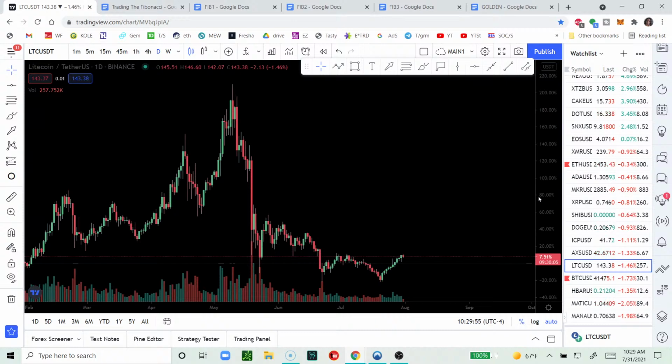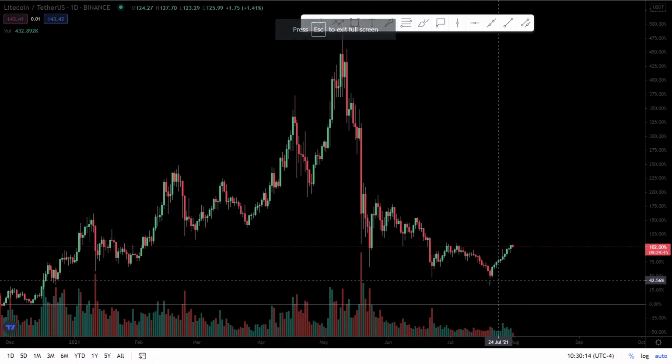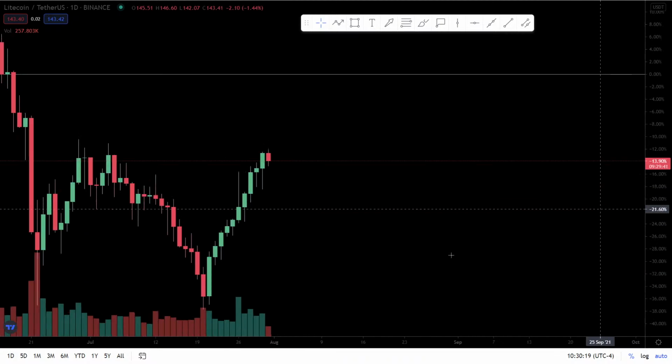To a great extent, the price movement of the altcoins will follow the price movement of Bitcoin. So that's why you look at the different charts and they all pretty much seem to look the same. They're doing the same thing. You could have sworn this is a Bitcoin chart because Bitcoin has done this same move that Litecoin here is doing.